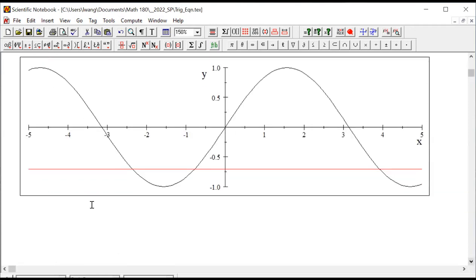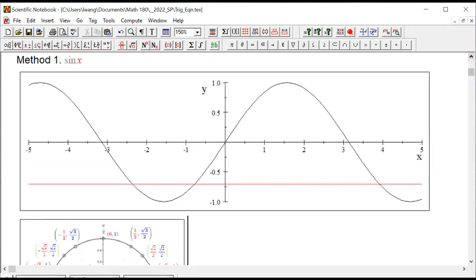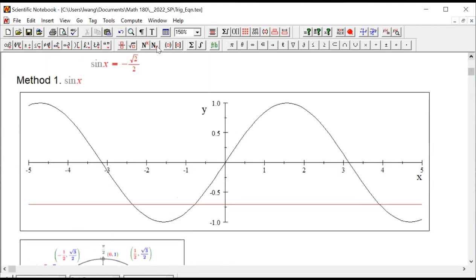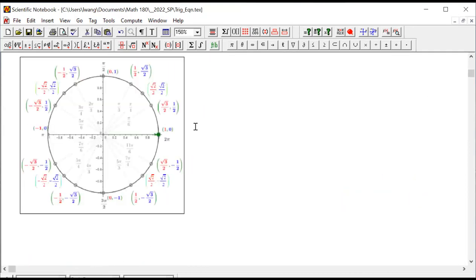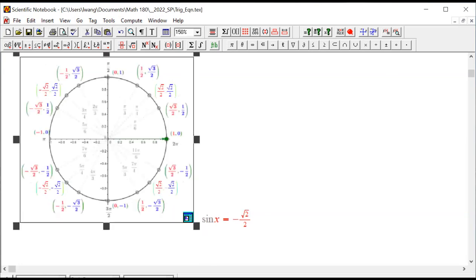We look at the unit circle, and since we're given sine of x equals -√2 over 2, we're going to look for the blue numbers. Which ones give us the blue -√2 over 2? Do we see them? Yes, we do.